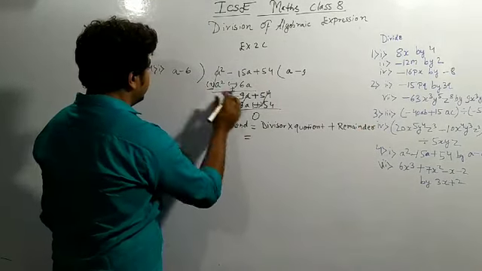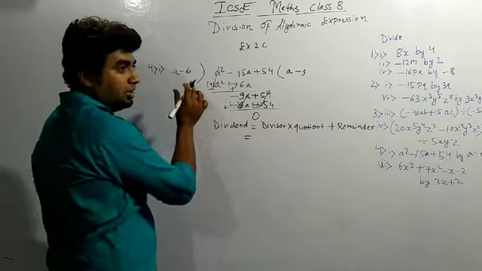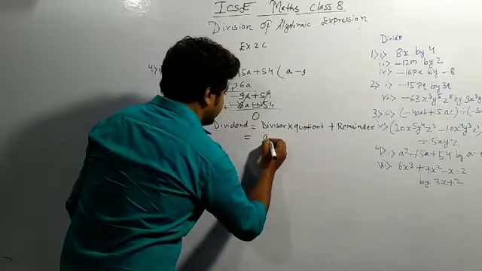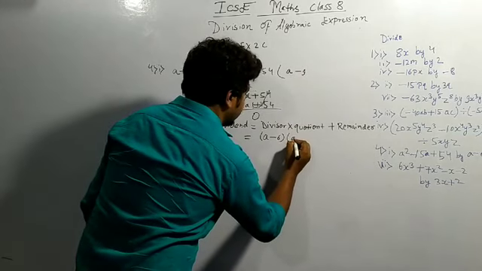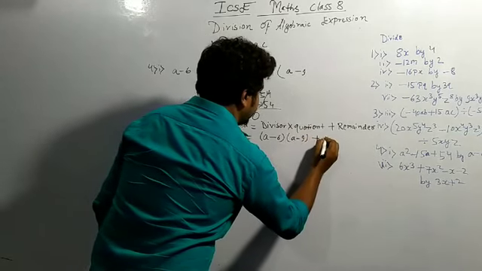The divisor, which is given to us, is a minus 6, and the quotient is a minus 9. From here the remainder is 0.